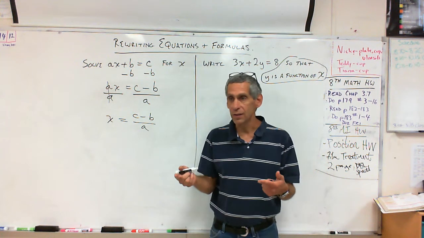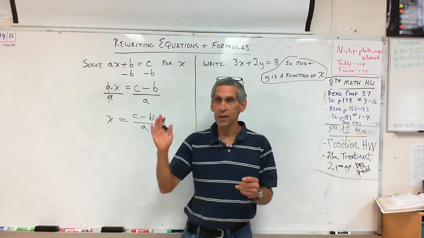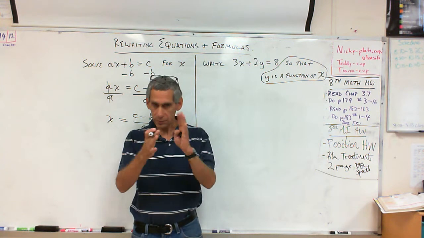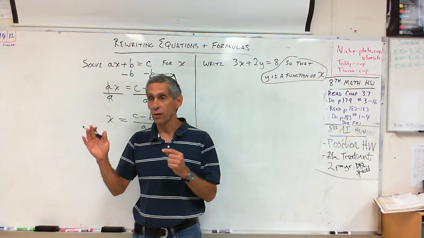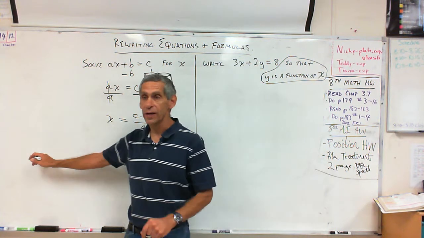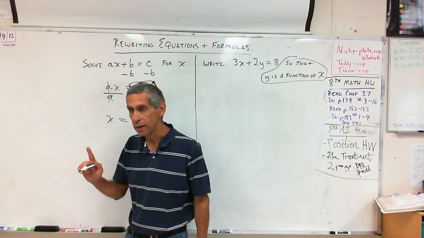And now that you guys understand functions, remember the functions? Nikki, focus. Remember functions. In order for something to be a function, for every x there can only be how many values for y? 1, right?